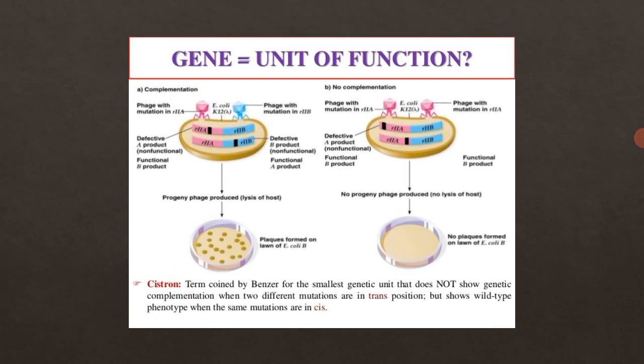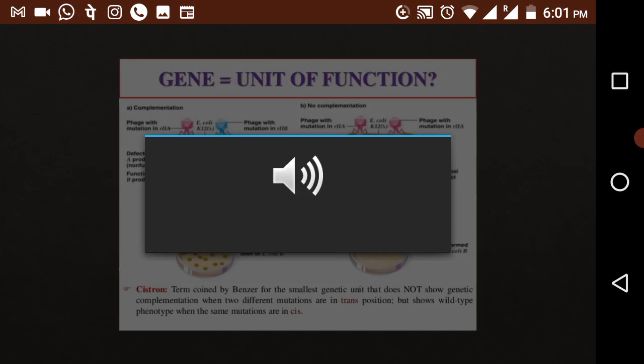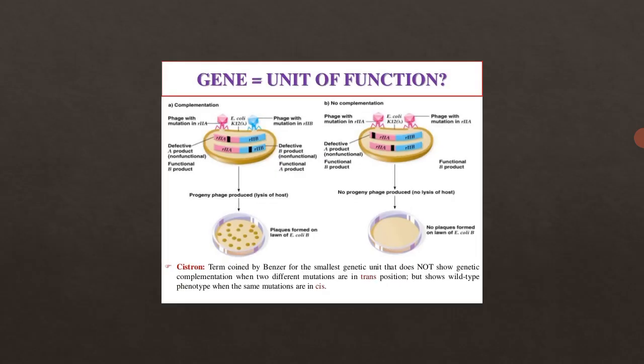now we will see the no complementation test. Okay, so you can see here, now we have a phage with a mutation in R2A and a phage with a mutation again in R2A, because we want to study no complementation, and therefore we are purposely incorporating two mutations that are present in the same gene.